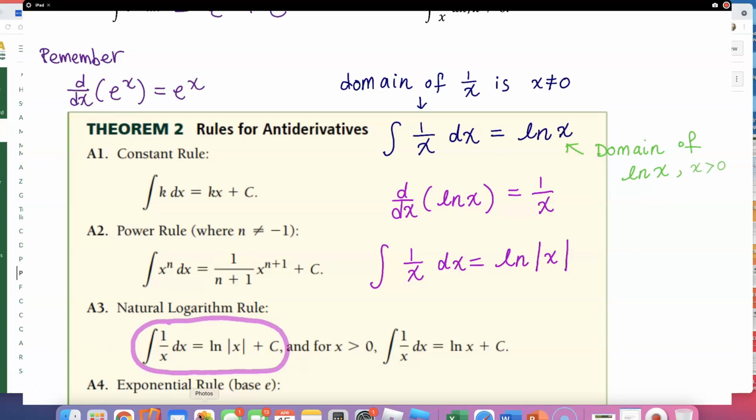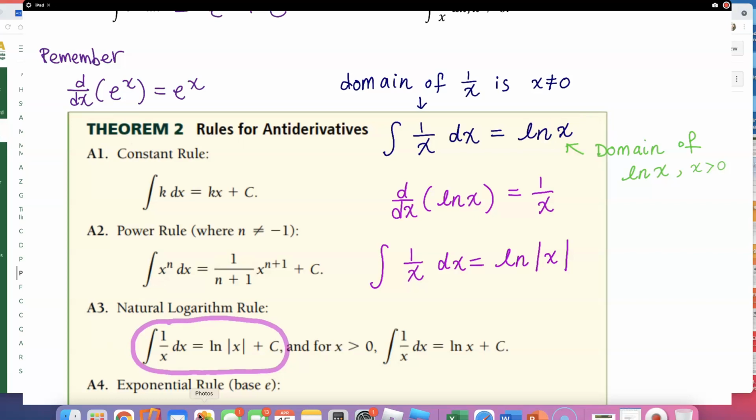To solve that problem, that's why we put bars around this x. So x can be negative, but we will take the positive of that negative number because absolute value just makes everything positive, right? So that's why we put the absolute value around the argument x.